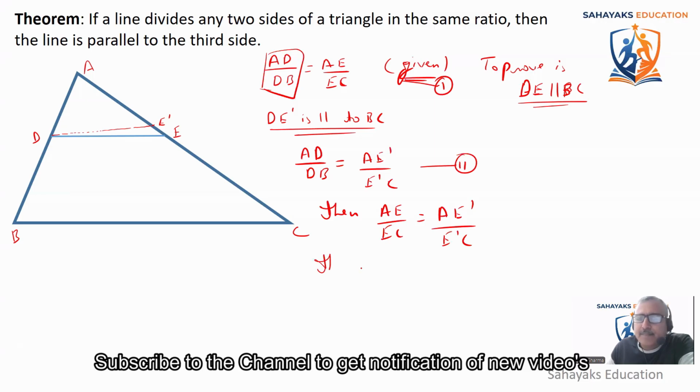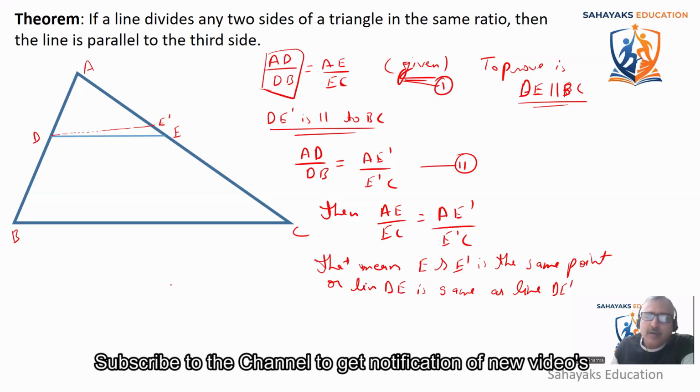That means E and E dash is the same point, or line DE is the same as line DE dash, or we can say that DE is parallel to BC.